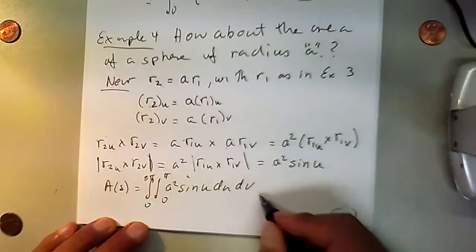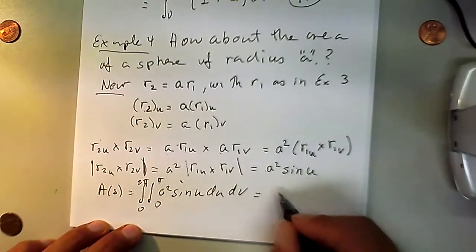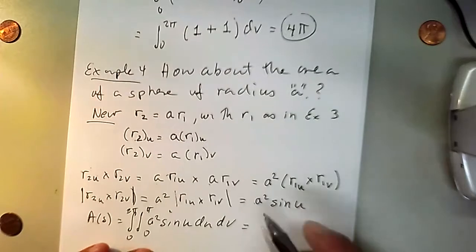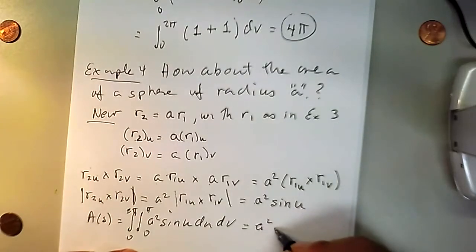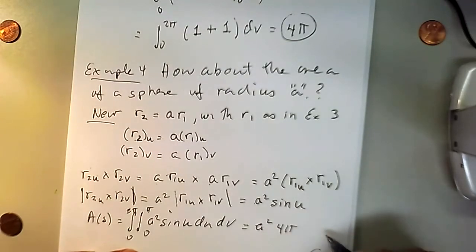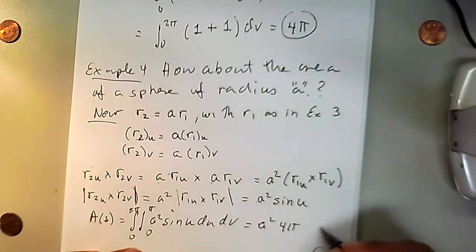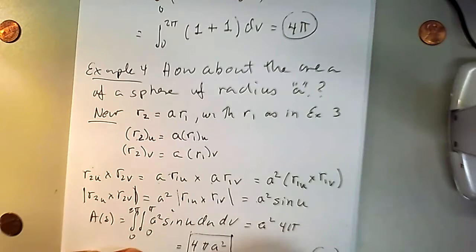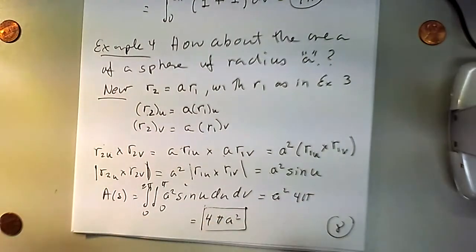But the a squared factors out. Once it factors out, then we end up with this, which gives us 4 pi. So we end up with a squared times 4 pi, which is 4 pi a squared. So that is the surface area of a ball of radius a.